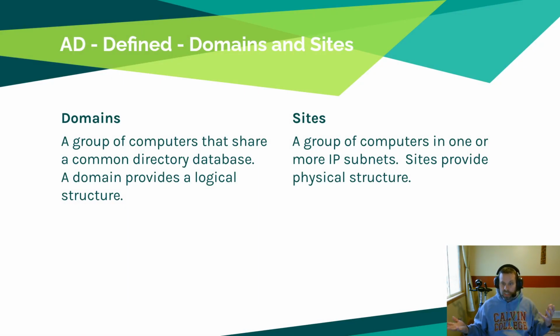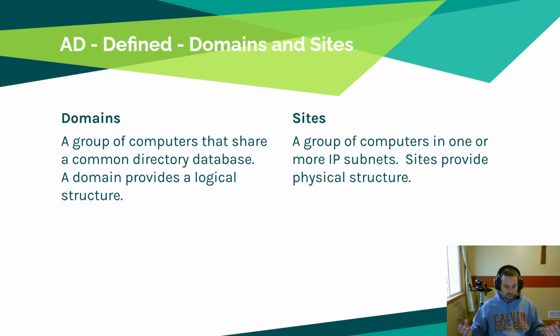There's two things we need to be able to define here. We need to be able to define what a domain is and what a site is. So let's just start defining them. A domain is a group of computers that share a common directory database. And a domain provides logical structure for our computers that work together. So kind of think of, let's say I have a group of computers.